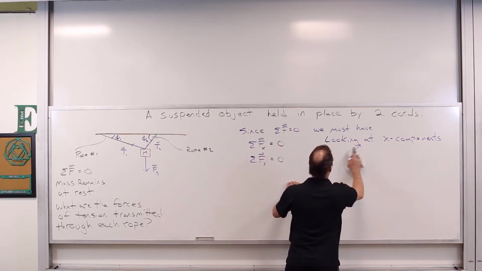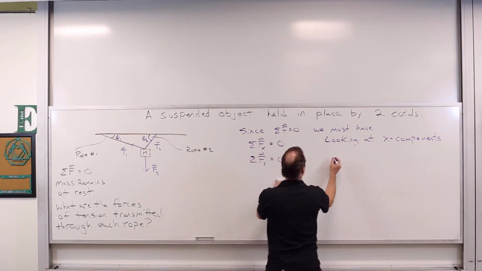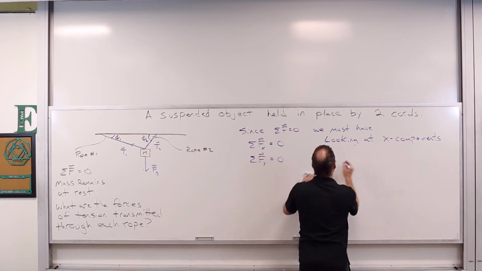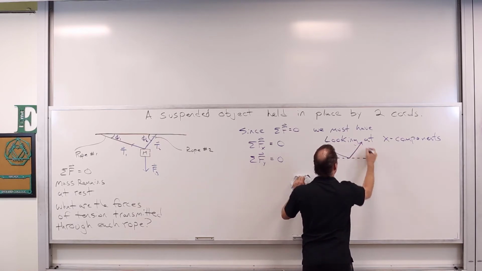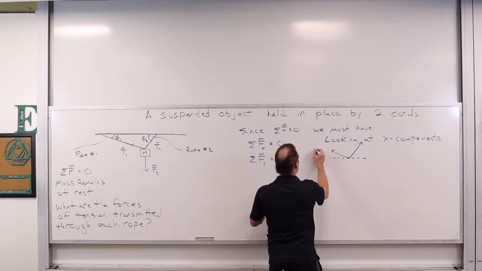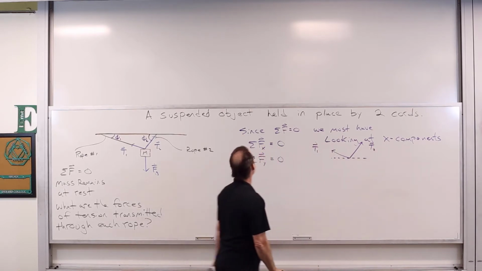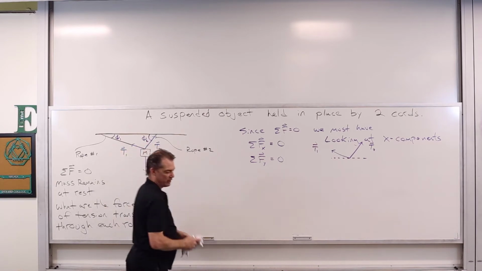Those look too similar. All right, so I'm going to go like this. I'll do it, I swear. All right, so we've got something kind of shallow, and we've got something kind of steep. There we go. So this is our T1 hat, this is our T2 hat. It's supposed to be kind of matching that right there.